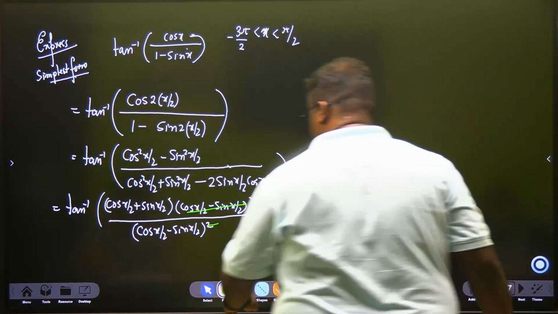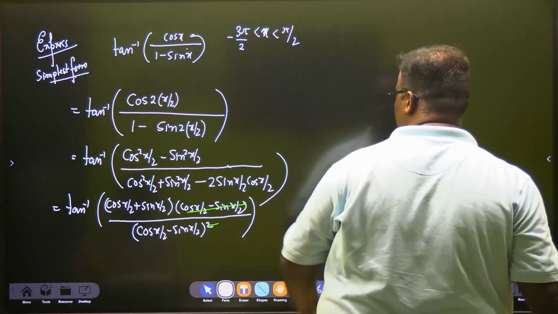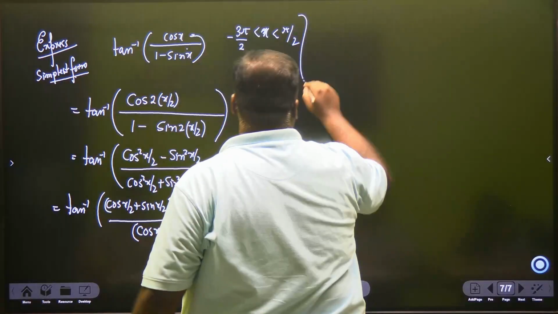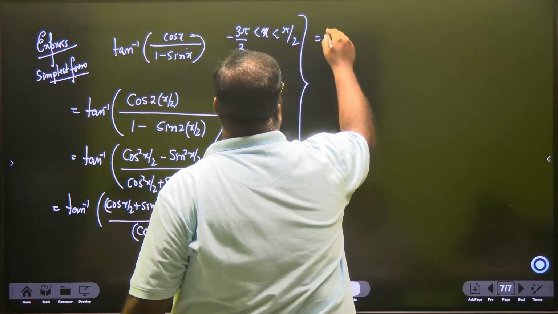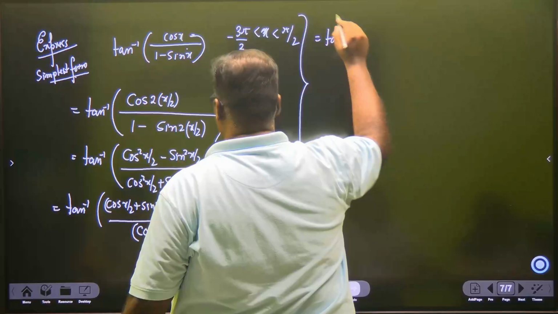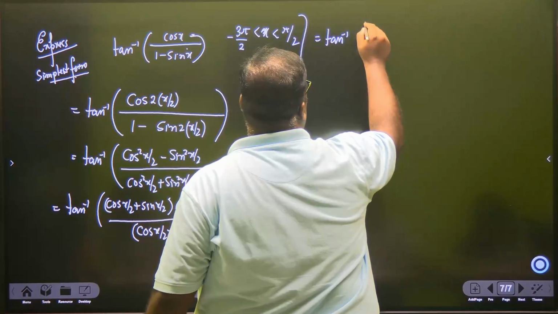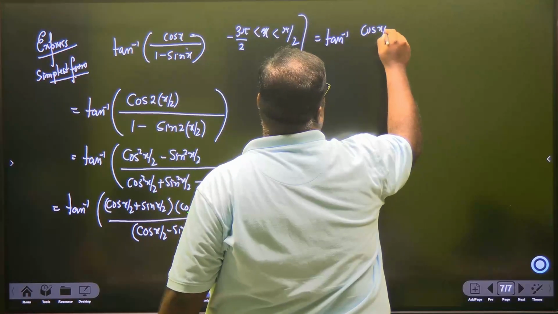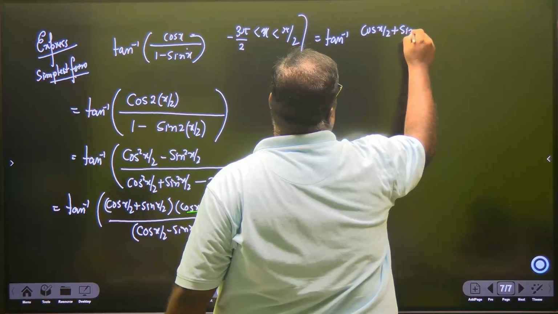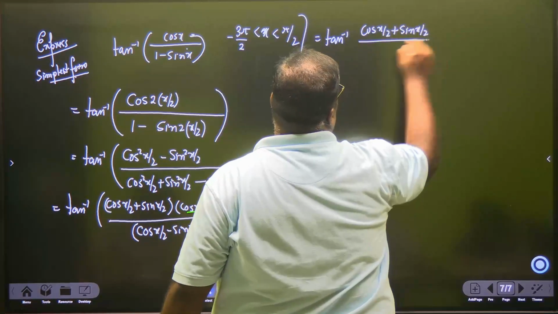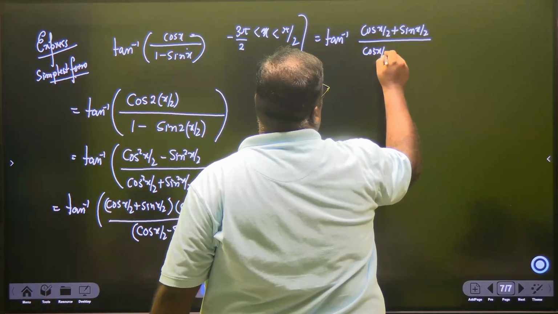So let's go further. Tan has to be brought into terms of tan. Simple. Tan inverse: on top now I have cos x by 2 plus sine x by 2, divided by cos x by 2.